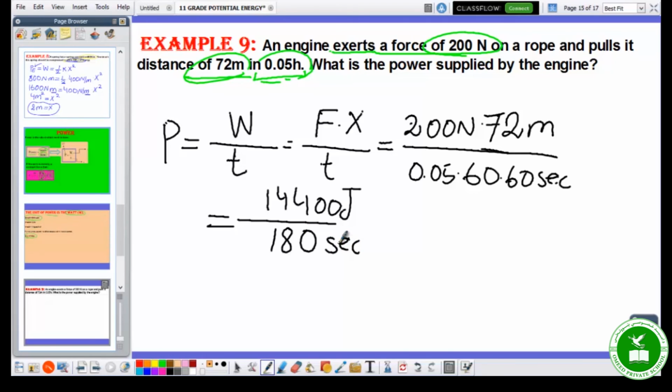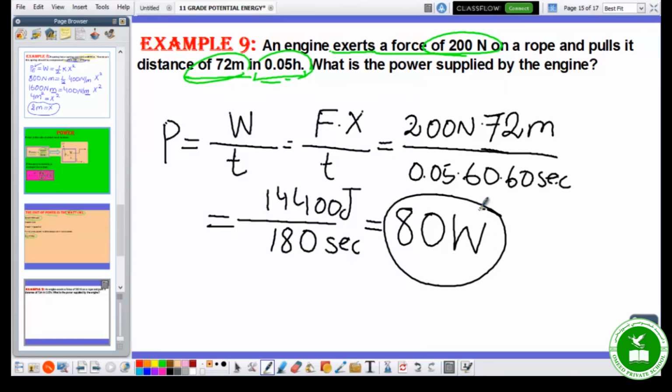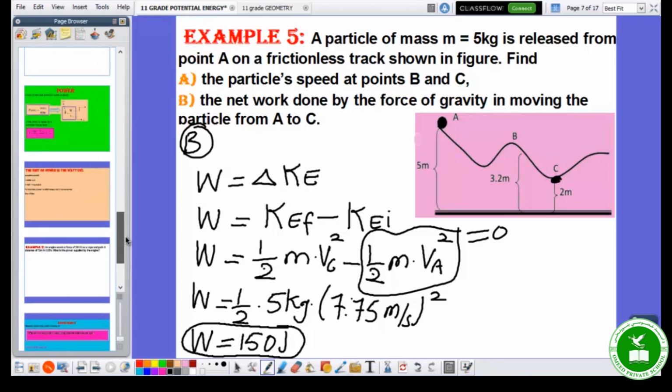And this will be equal to 14,400 divided by 180, which is 80, and joule divided by second is watt. This is how we calculate the power of engines or other objects.